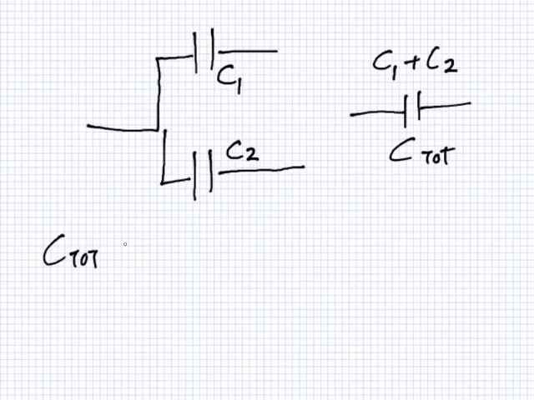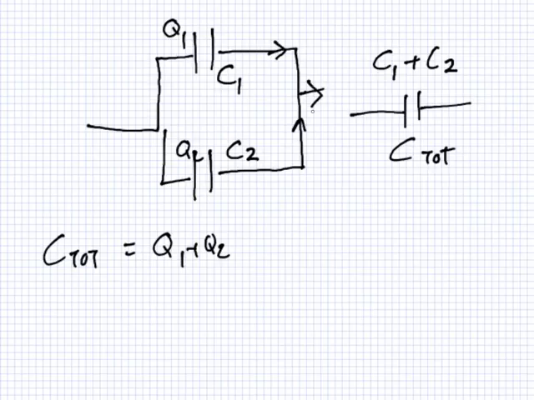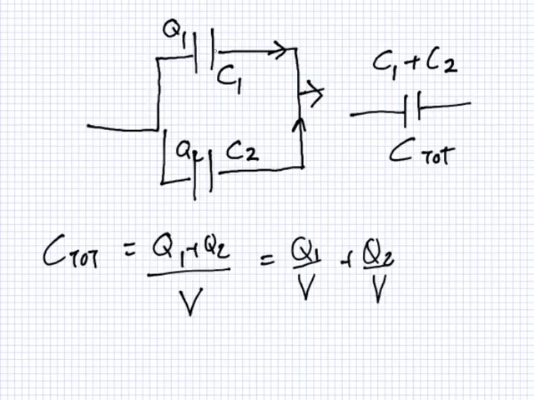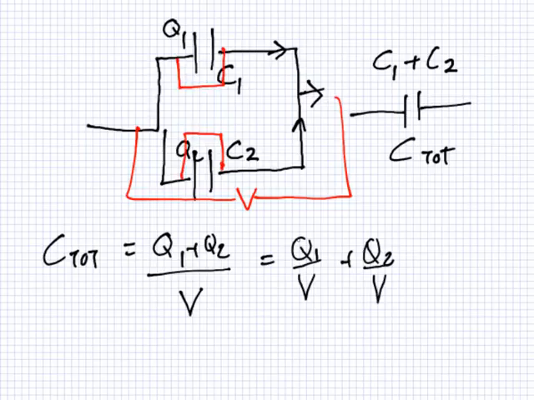C total would be, if this is charge 1 and this is charge 2, charge 1 plus charge 2, because remember when you have charge, it adds together, like I1 and I2 makes I1 plus I2, and the voltage is V. You could write it like this, Q1 over V plus Q2 over V. But because they're in parallel, the total voltage V is the same as the voltage here and the voltage here. So V equals V1, which equals V2.